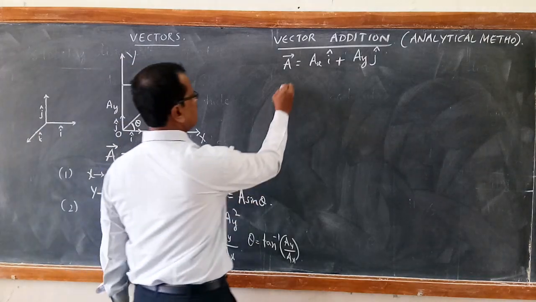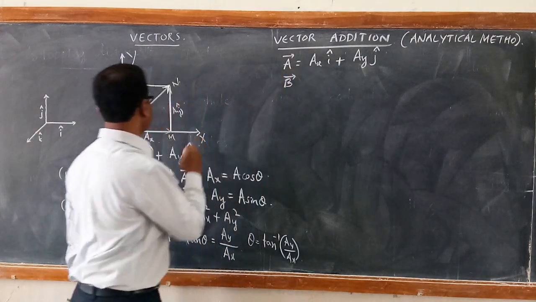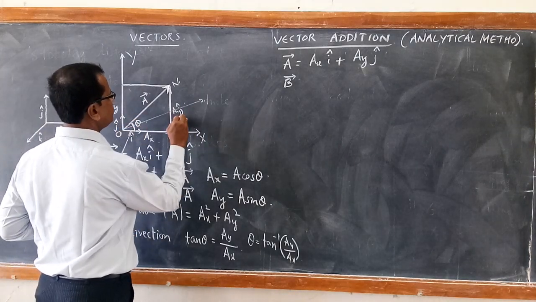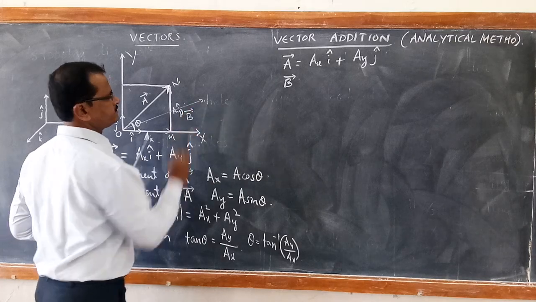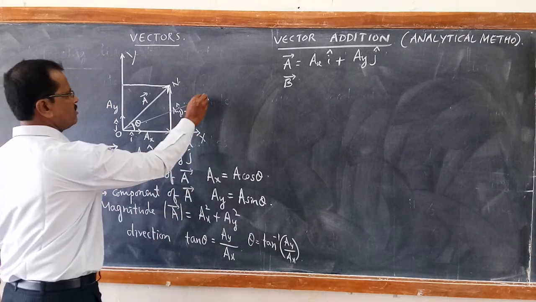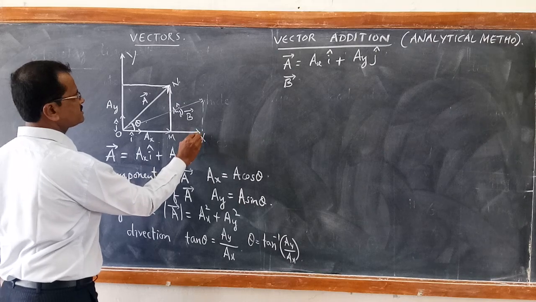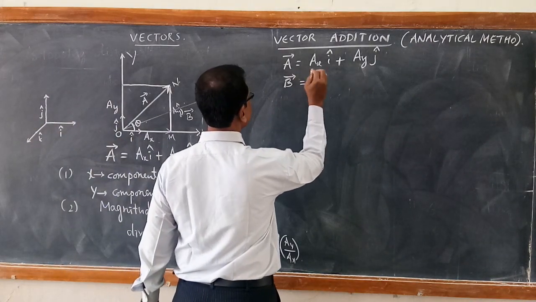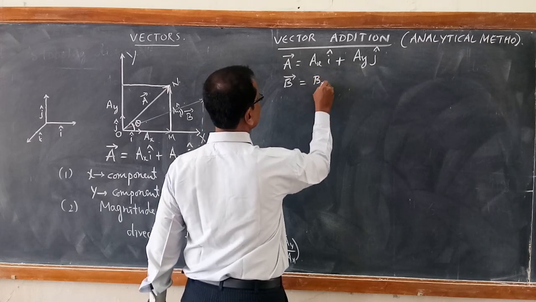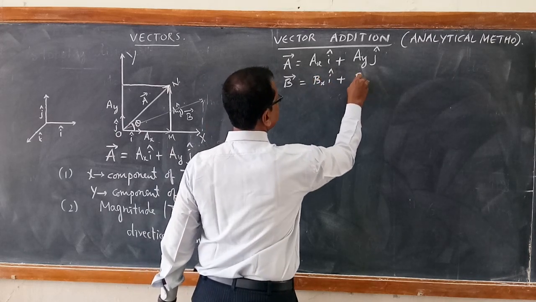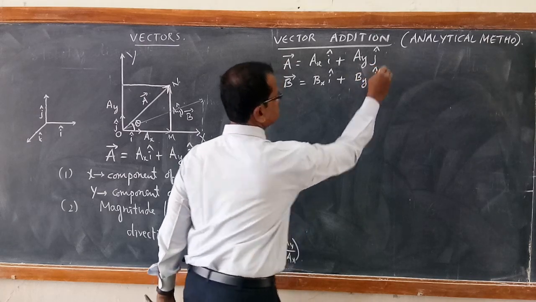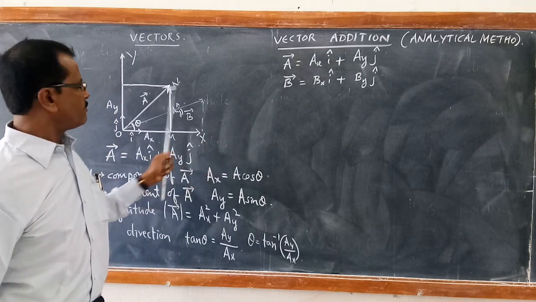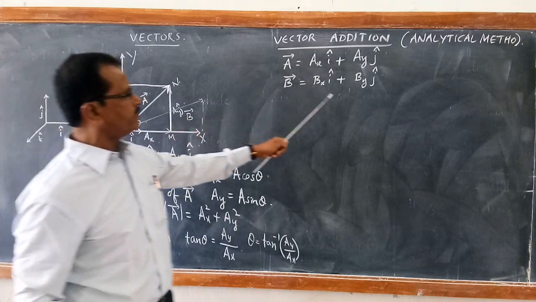And another vector is there, which is also on the xy plane. This is vector B. If you draw components, this becomes bx and this becomes by. In the same way, you write vector B on the xy plane as bx i cap plus by j cap, where bx is the x component of vector B and by is the y component.